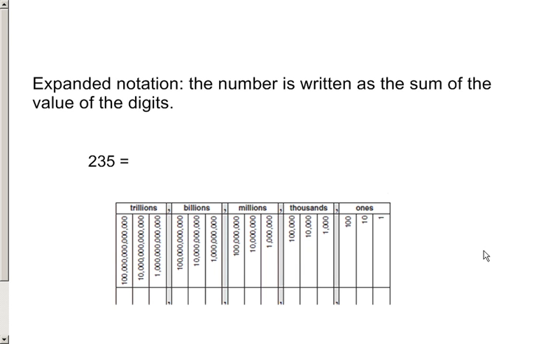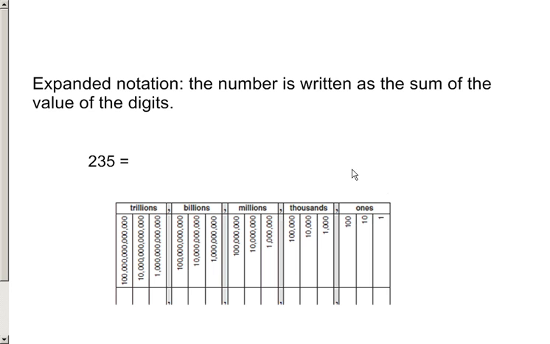The next thing that we're going to talk about, the next way of describing numbers, is through expanded notation. In expanded notation, the number is written as the sum of the value of the digits. So we look at what each digit's value is.